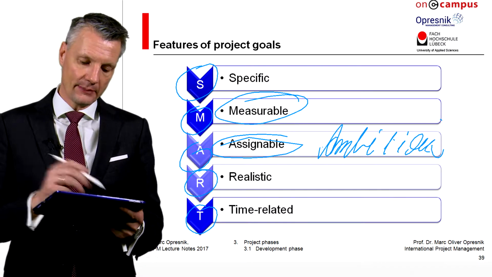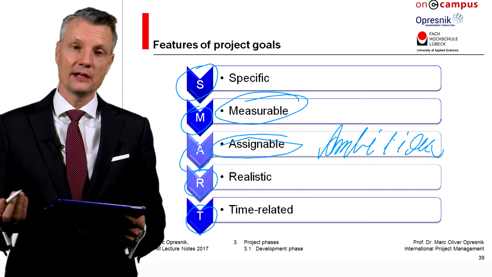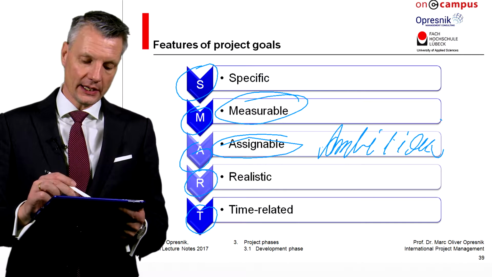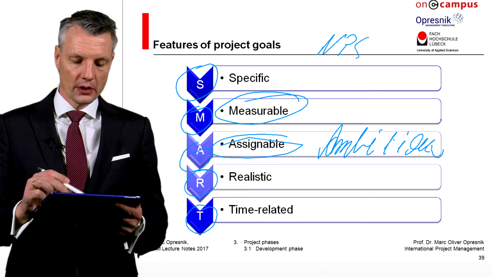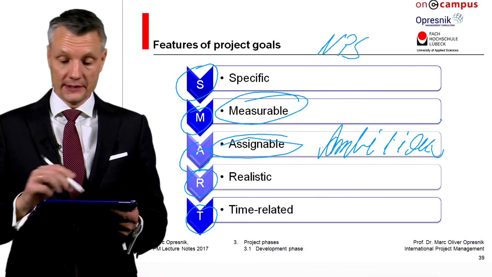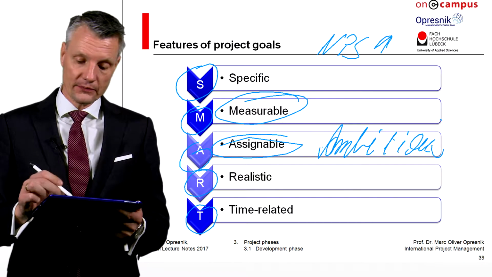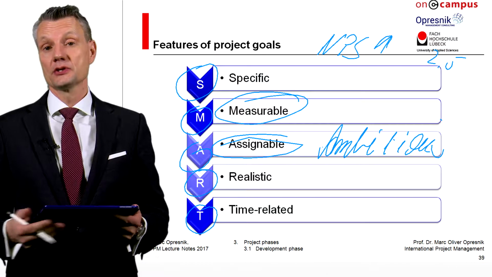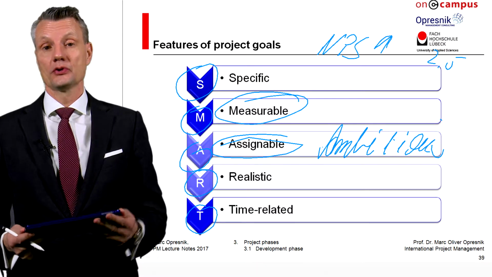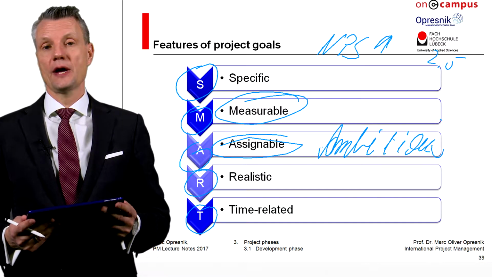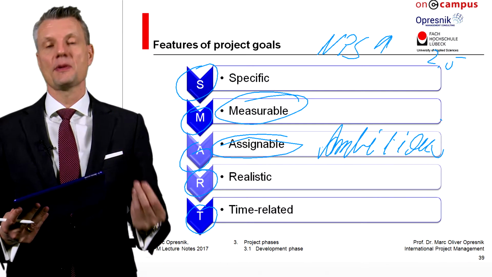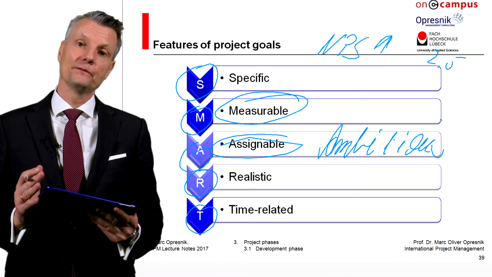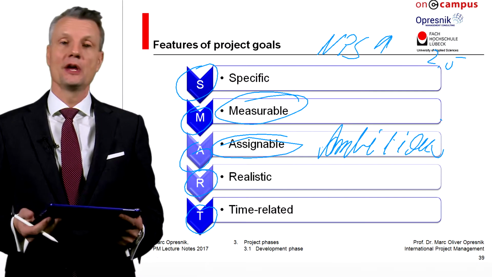For example, you have a 1 to 10 scale, or you use measures like the Net Promoter Score or something similar, and you say, I want to increase the score by 2.5% by the end of this year. So this would be a SMART goal. So always pay attention to have your goal really SMART, because a lot of projects don't have it. And if you don't have that, you have an issue, you have a challenge at the end.